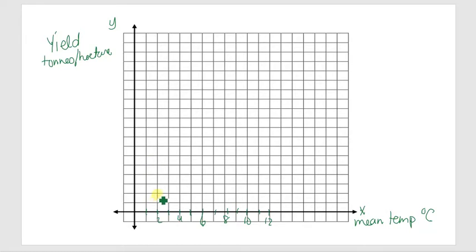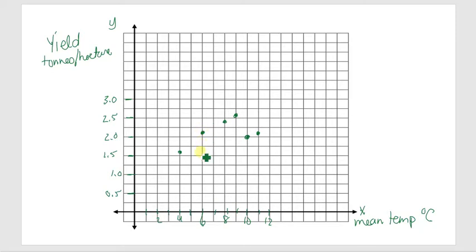Up the side, we just have to go up to 2.6, so 0.5, 1, 1.5, 2, 2.5, and then 3. Now if we plot these: 4, 1.6; 8, 2.4; 10, 2.0; 9, 2.6; 11, 2.1; and 6, 2.2.